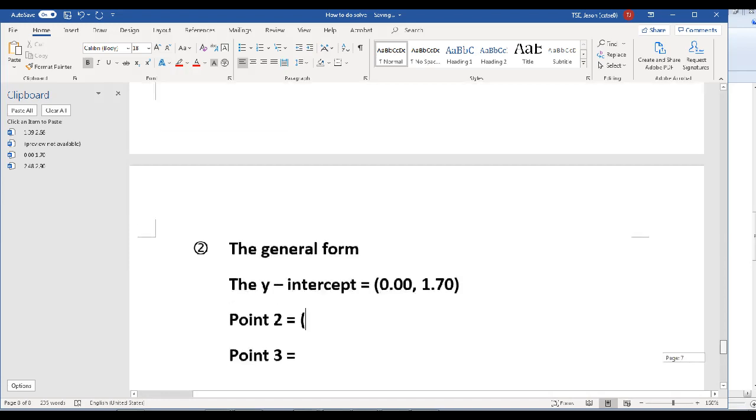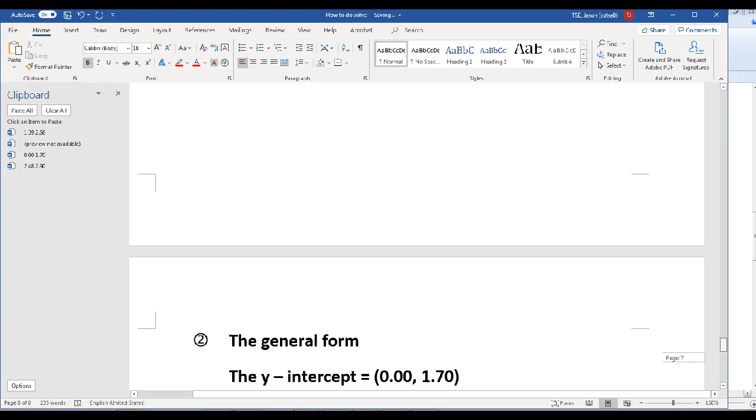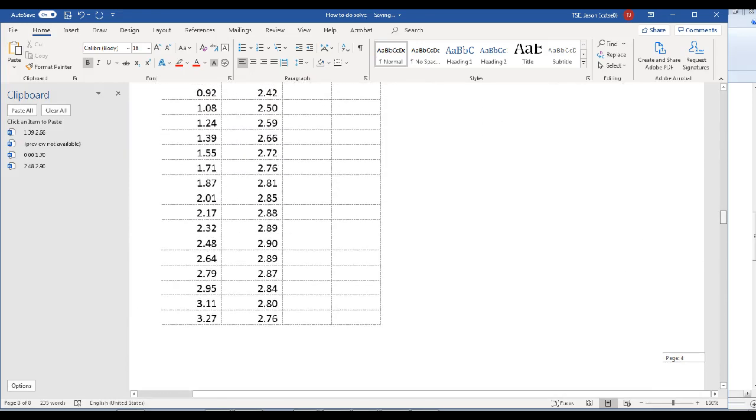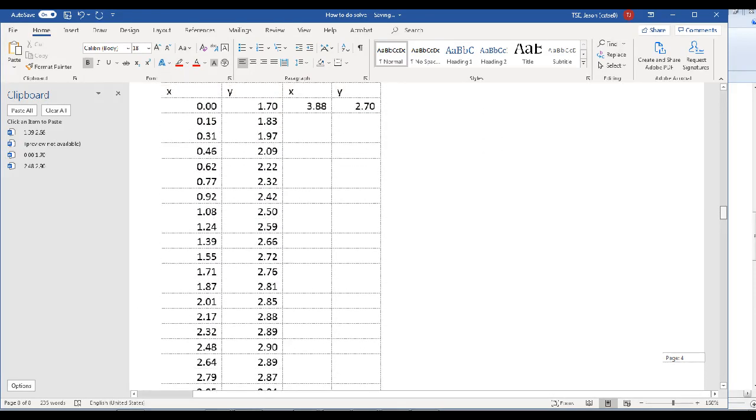Right, so let's go back to our previous table. There are many points. You can just get any 2 points, but you should avoid using the point we used before. You should avoid using the vertex, because the vertex has been used to find the equation of the vertex form.